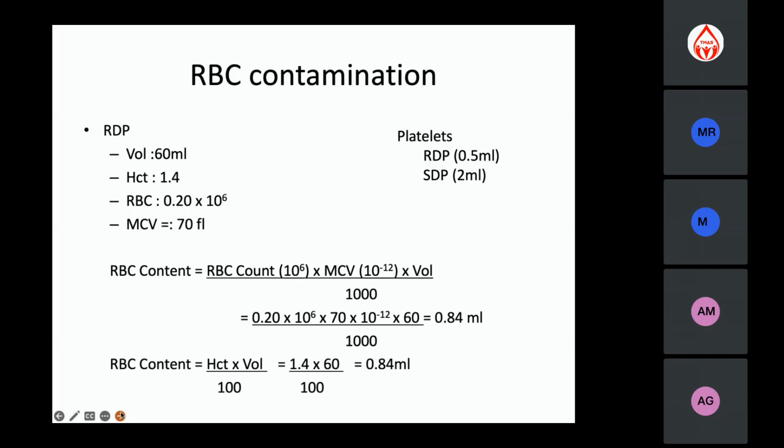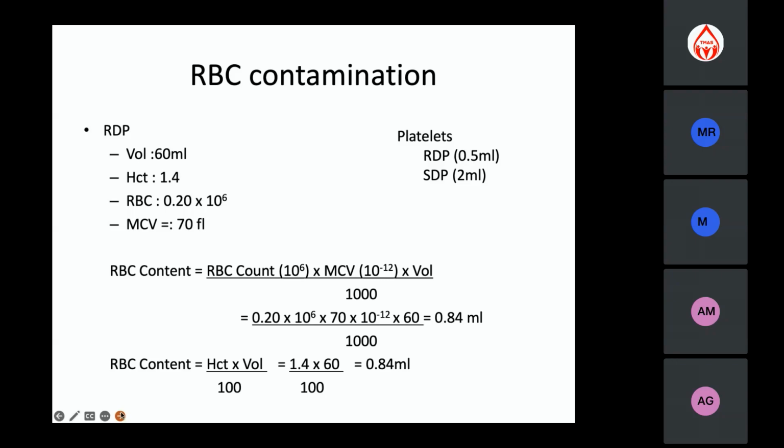So hematocrit percentage into the volume of the product. We know hematocrit is for 100 ml. So we have 1.4 percent, that is 1.4 ml in 100 ml. We want to know the RBC content in 60 ml. So 1.4 divided by 100 into 60 will give us the RBC content in the product.